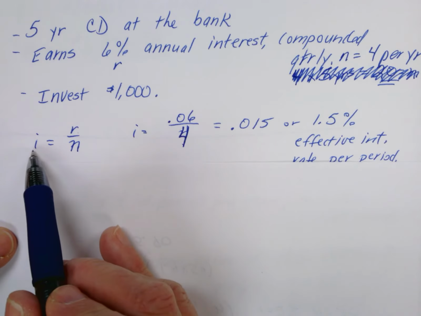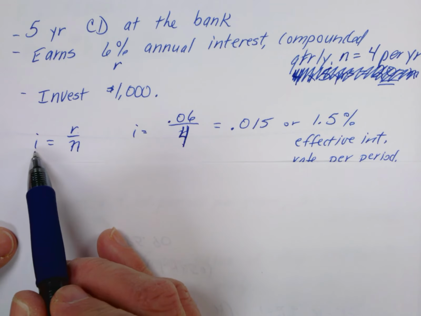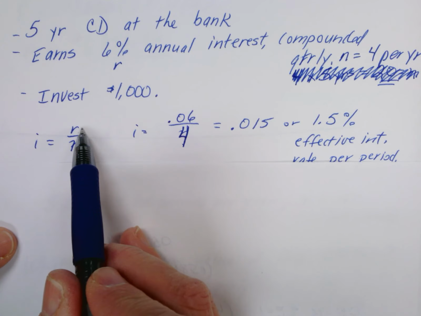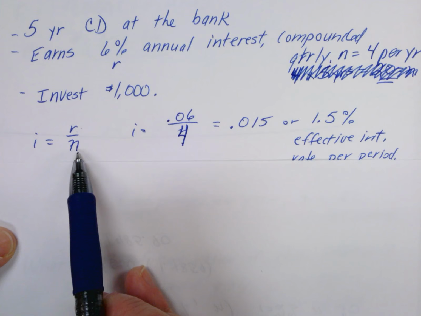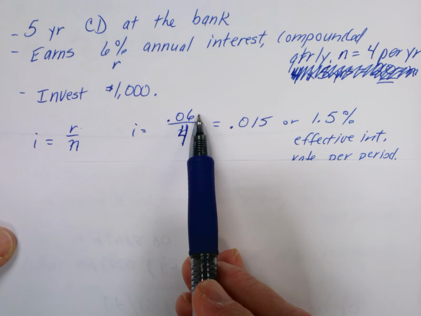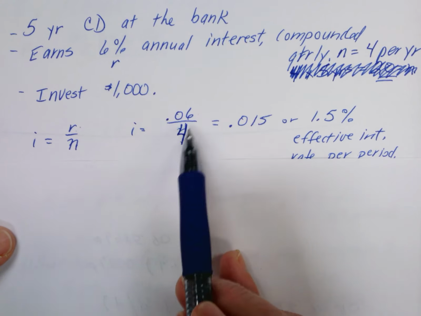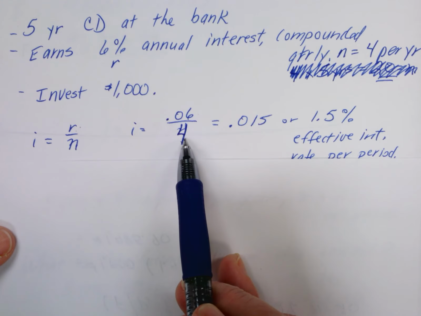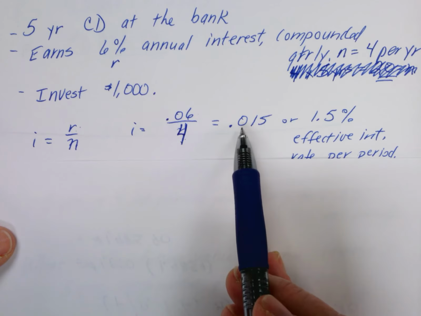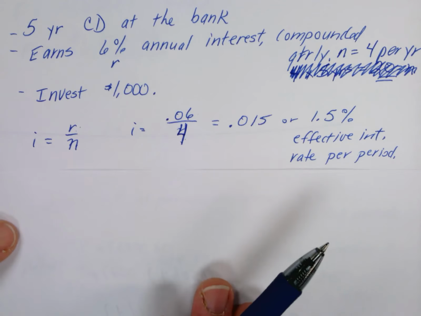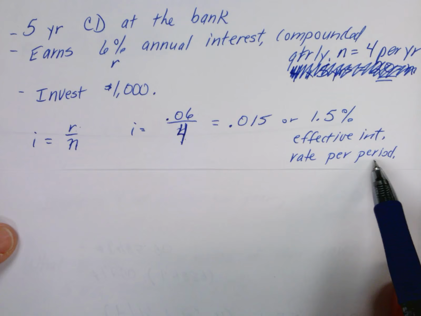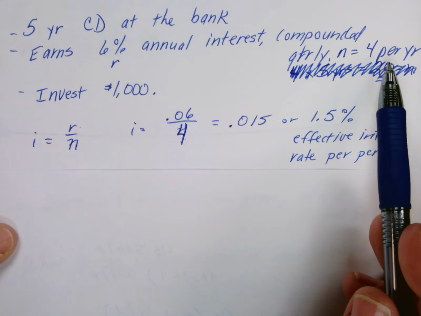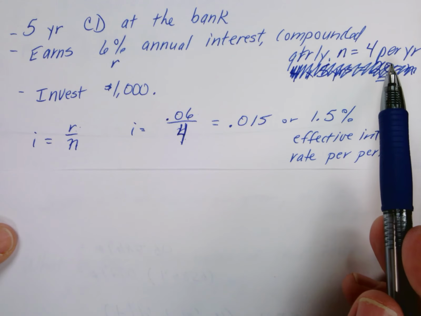So effective interest rate per interest period, I, equals annual stated rate, R, divided by the number of interest periods per year. So 6% is the annual interest rate divided by 4 compounding periods per year, or an effective interest rate of 1.5% per interest period. And remember, there are 4 per year because interest is compounded quarterly.